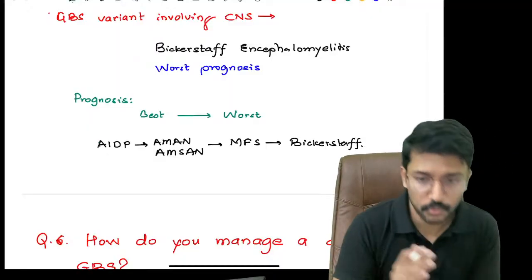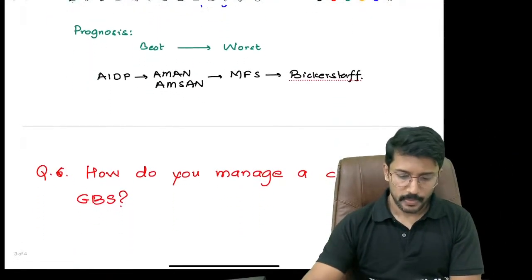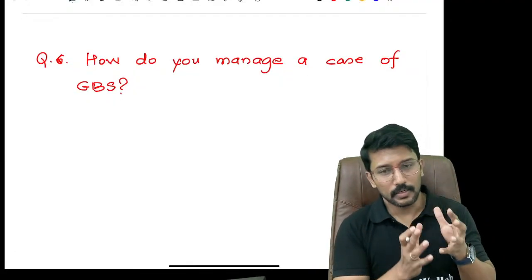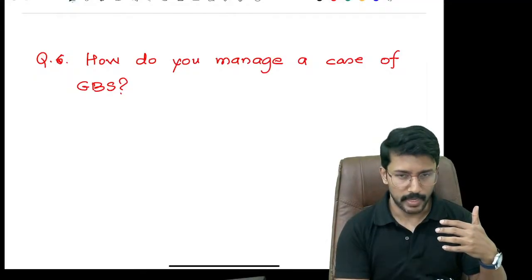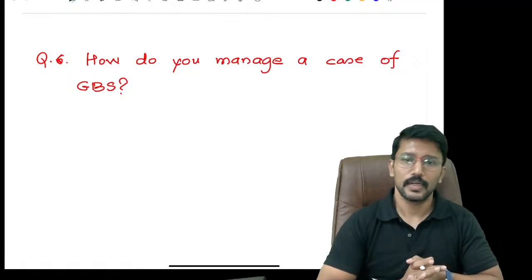So here the worst prognosis is Bickerstaff encephalomyelitis. Clear? Okay. So now we have understood what GB syndrome is. It affects what structures, what the inciting events are, how once the paralysis happens it progresses, and why these patients have a likelihood of respiratory failure.